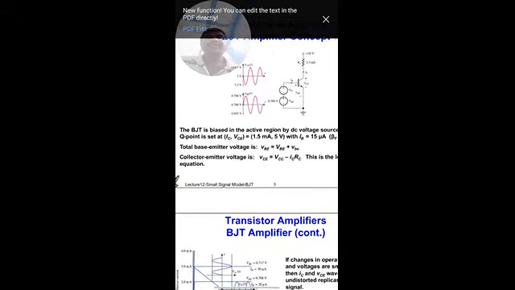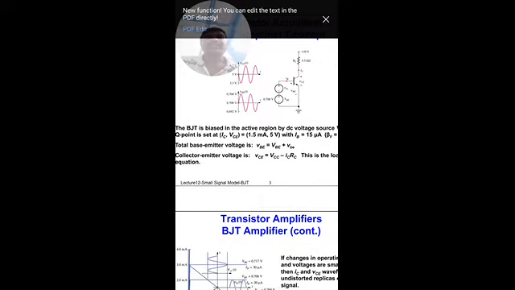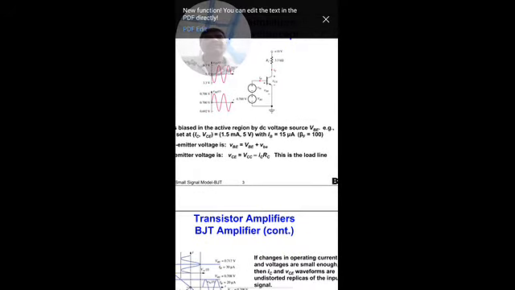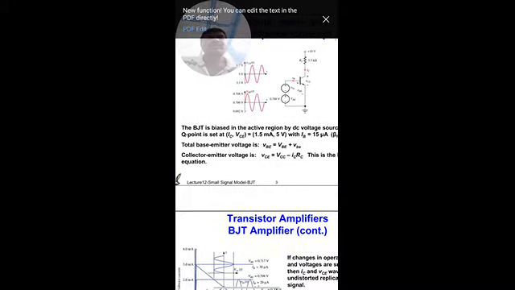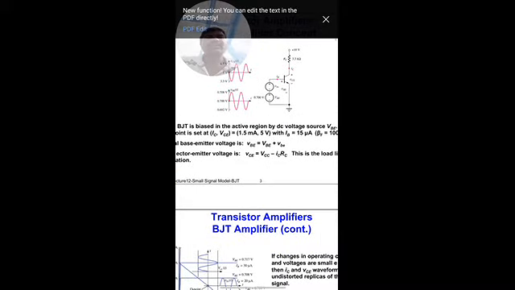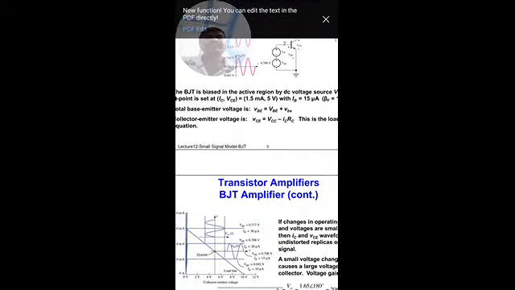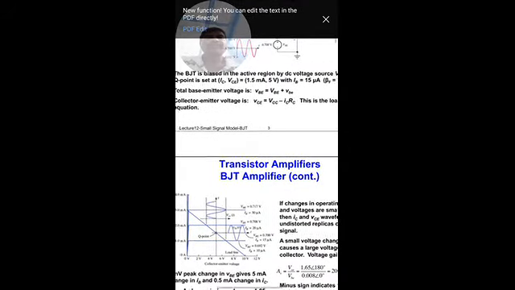Similarly, the output voltage VCE is VCC minus ICRC. This is also known as the load line equation. Writing a KVL to the output loop, we get this equation: VC is equal to VCC minus ICRC, where VCC is the DC biasing voltage at the output.